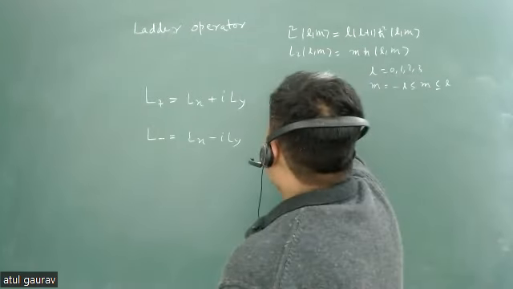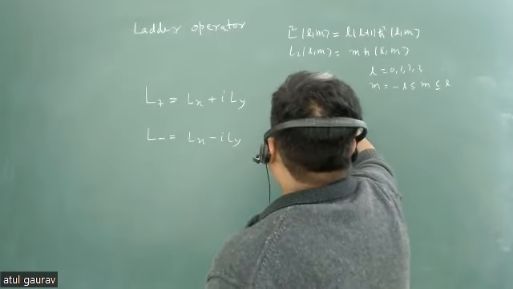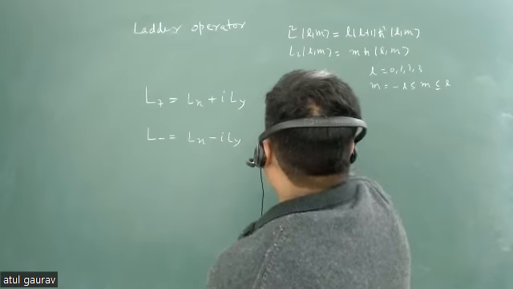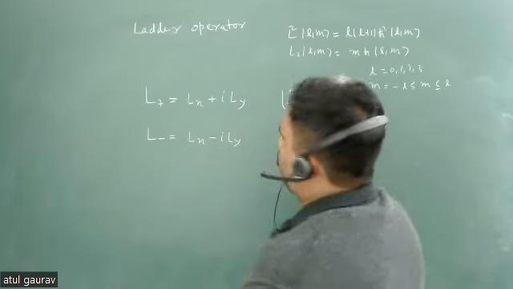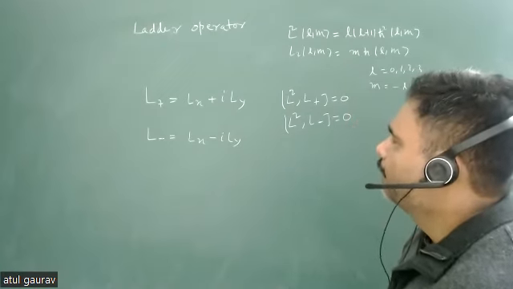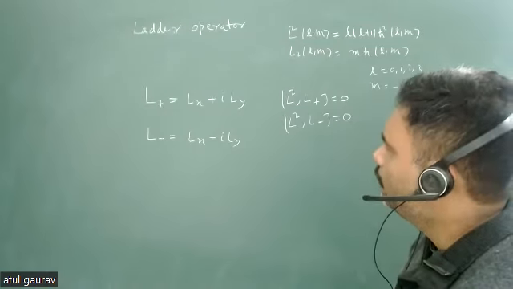Obviously L square and L plus are going to commute, L square and L minus are also going to commute, and L plus and L minus are also going to commute.